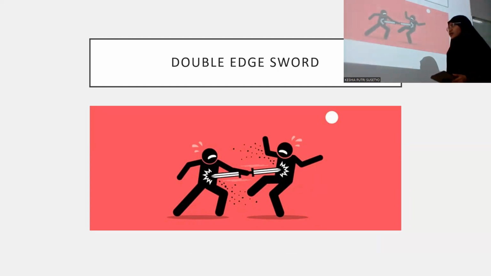So, like I mentioned, in the 2019 presidential election, instead of easing the conflict between the supporter parties, quick count created other problems such as disunity between the supporters. So basically, quick count is like a double-edged sword. It can be a weapon to attack your enemy, but at the same time, it can become the weapon that attacks yourself.